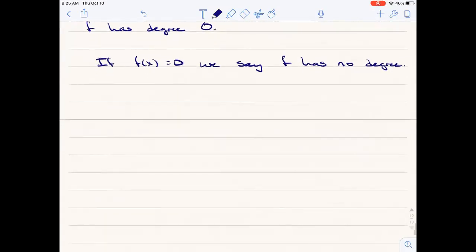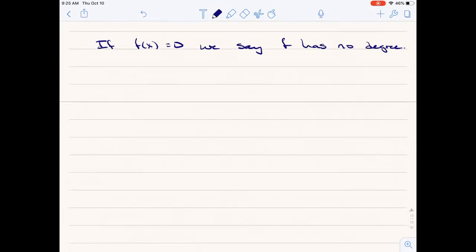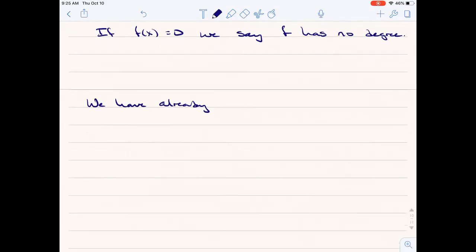And so we've already looked at some polynomials, right? We've looked at a constant function, right? So we have already looked at polynomials.